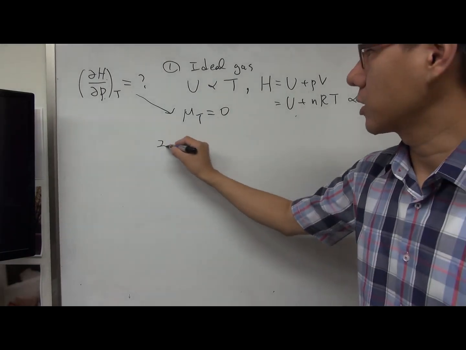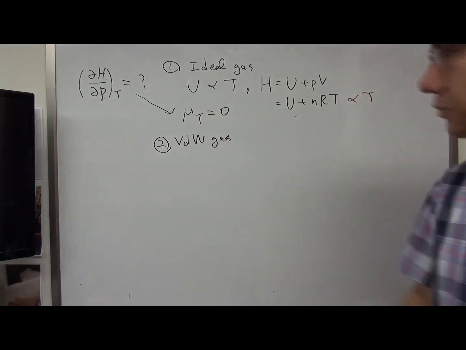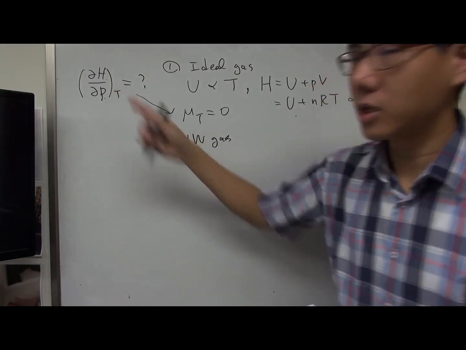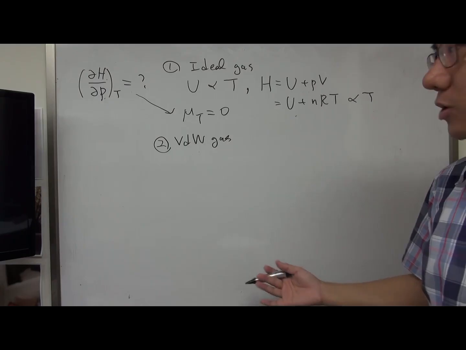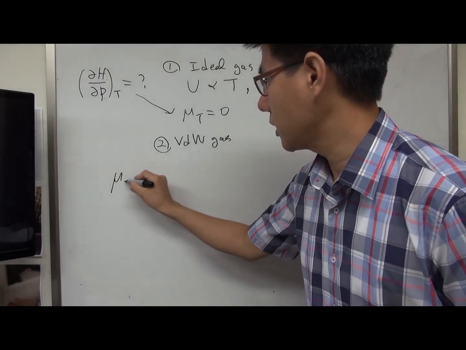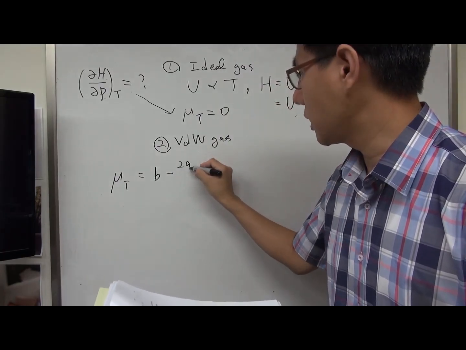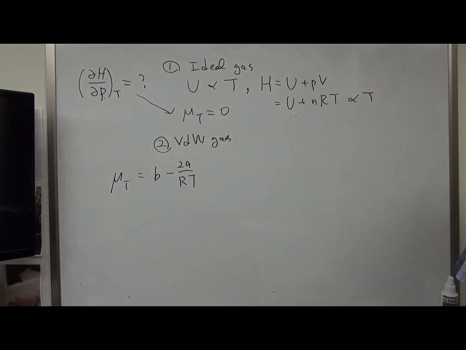How about for real gas, van der Waals gas? So using van der Waals equation, you can calculate this actually, but we cannot do it mathematically now because we didn't learn something yet. So if you calculate this, mu T, you get this expression B minus 2A over RT. A and B are van der Waals coefficients.